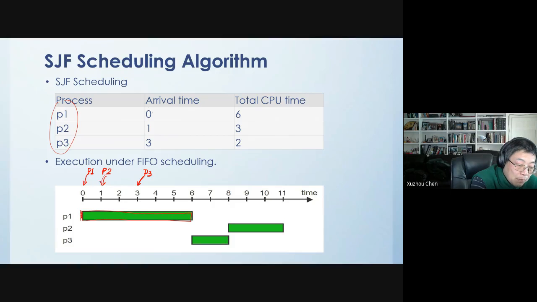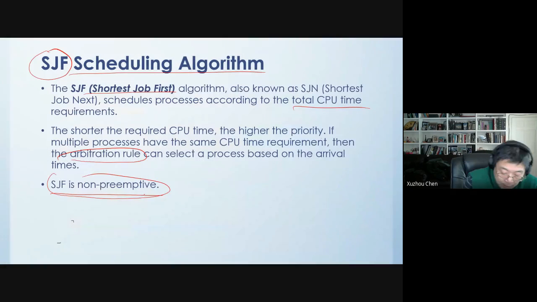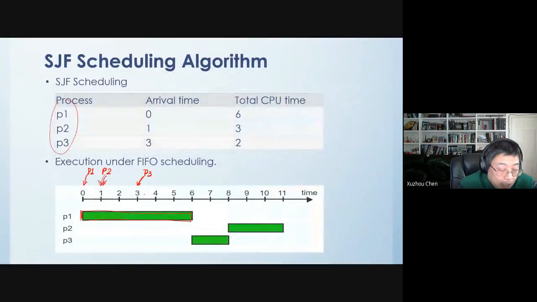Process 2 arrives. Process 2 cannot do anything because process 1 is in the CPU. Remember, this is non-preemptive, which means you cannot kick anyone out of the CPU. However, when process 1 finishes, both process 2 and process 3 are in the ready list.